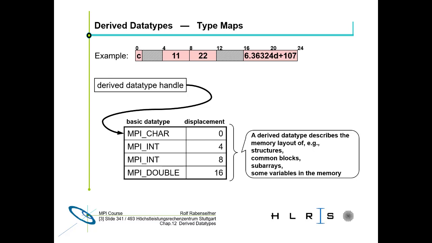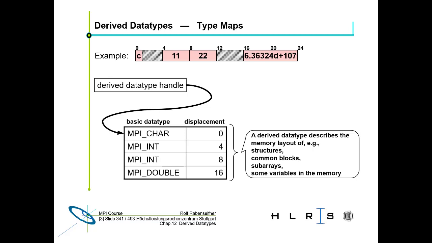The compiler will place that integer at a 4-byte boundary, which means that there are 3 bytes between the character and the integer which form a gap. The second integer would be at displacement 8, because an integer is size 4.